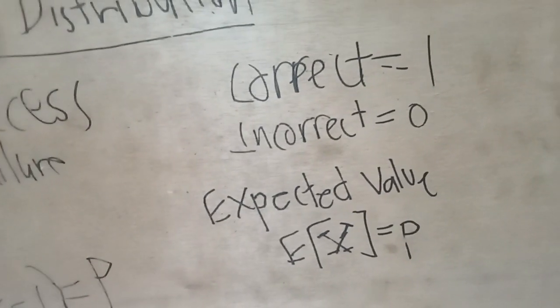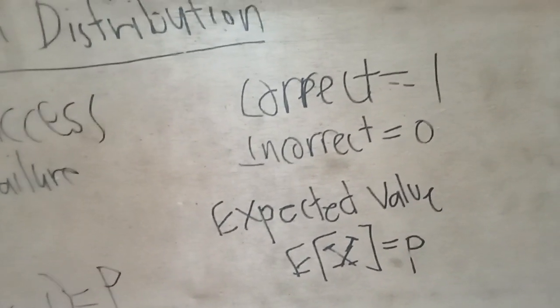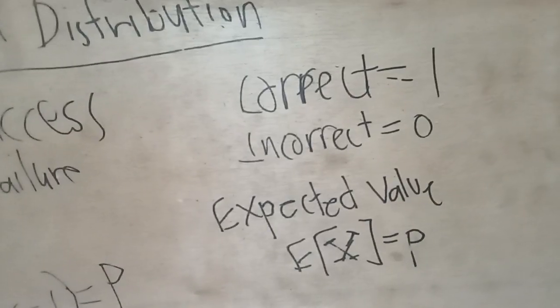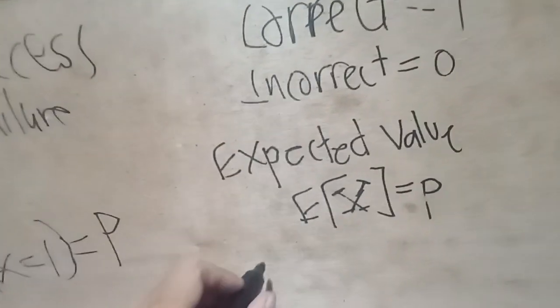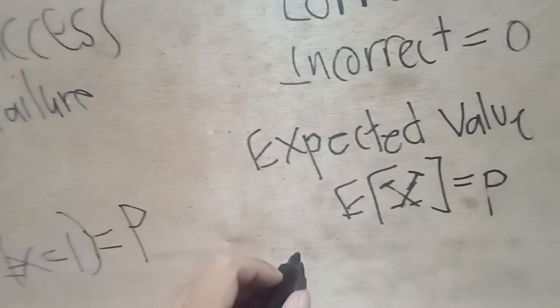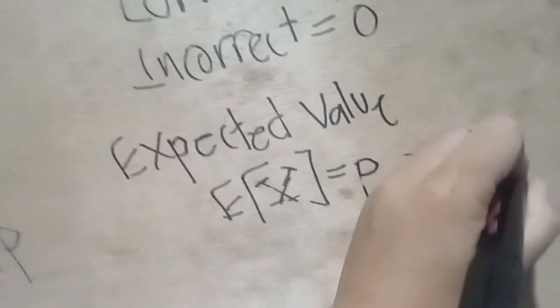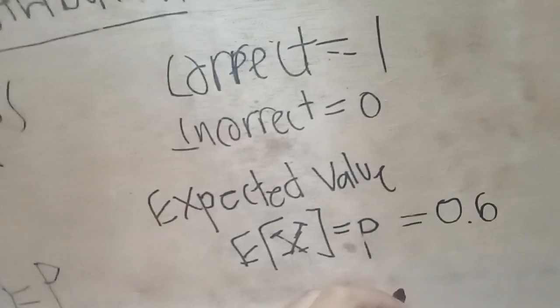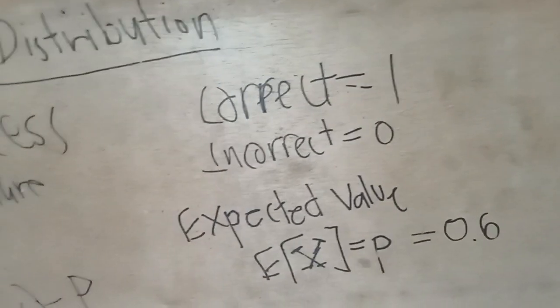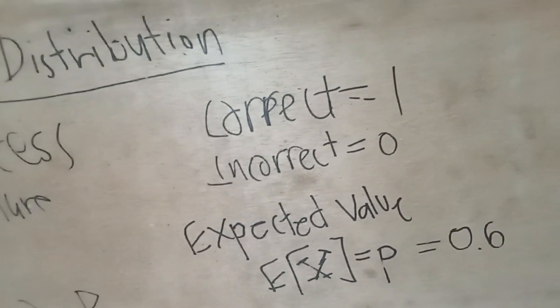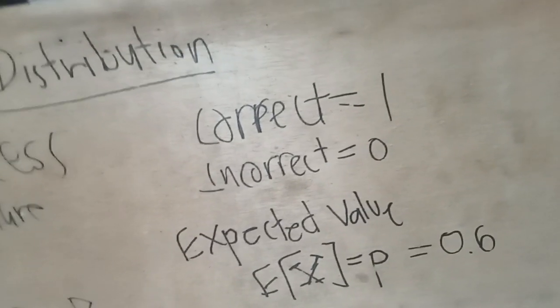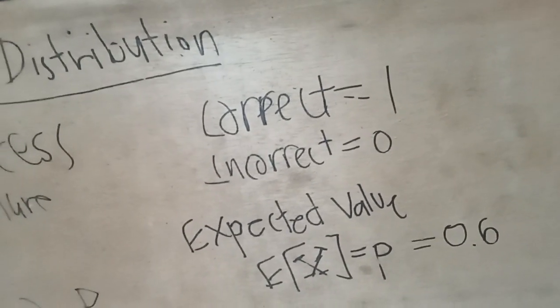If a student has a 60% chance of answering correctly, then the expected value is equal to 0.6, which means that on many attempts the student would answer correctly about 60% of the time.